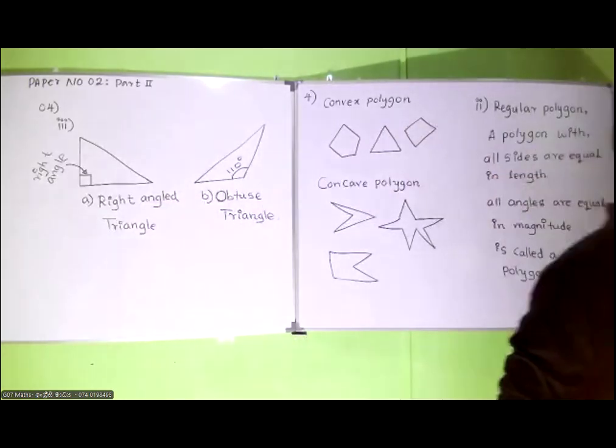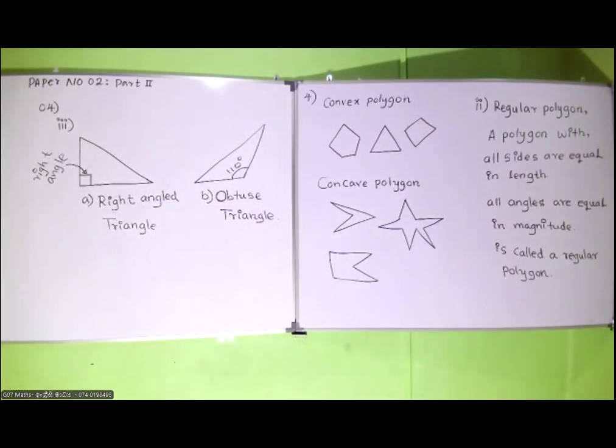If all the angles are less than 90 degrees, what is that triangle called? Can anyone say? Acute angle. Yes, super. If all the angles are less than 90 degrees, it is something like this.